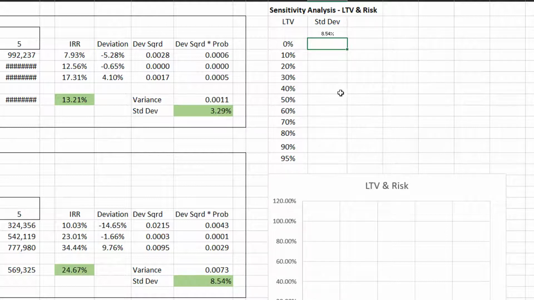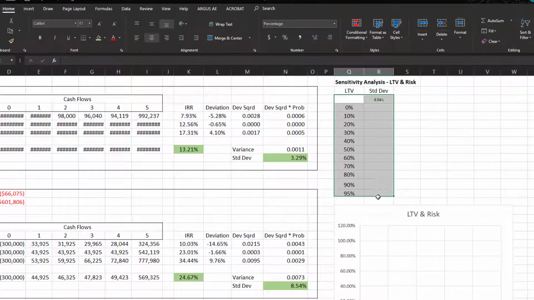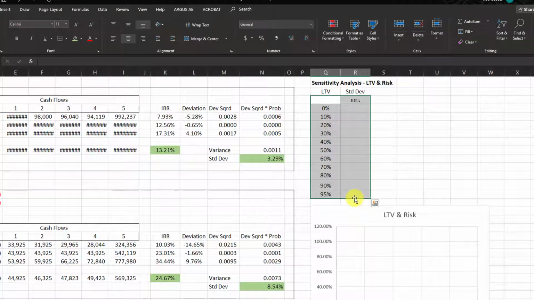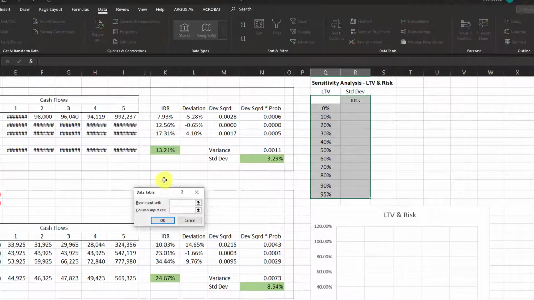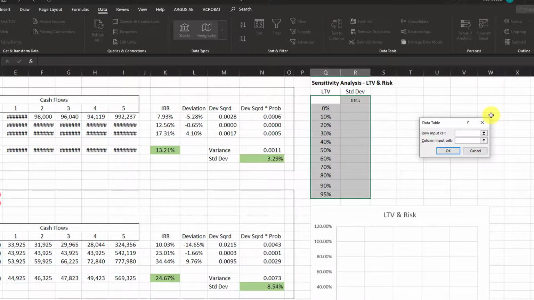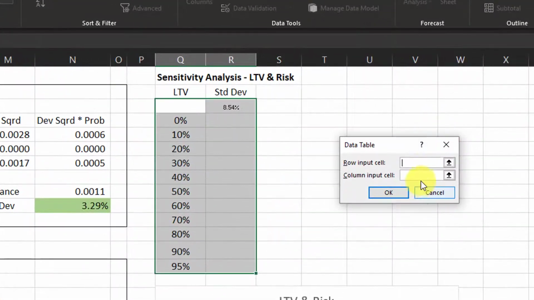And now here's how you would create a data table. We're going to highlight these two columns, starting with that blank cell and pulling it all the way down to the right. And then I'm going to go to Data up here in the ribbon. And we're going to go to What-If Analysis, and we're going to choose Data Table. Now notice over here we have two possible inputs.